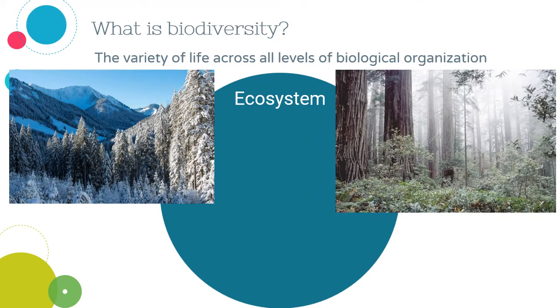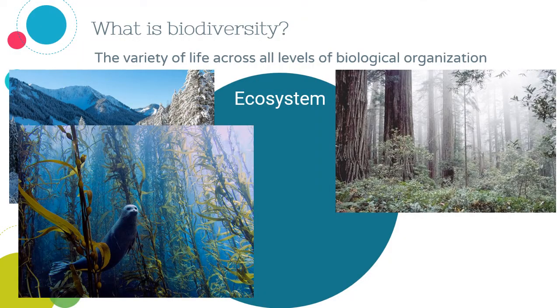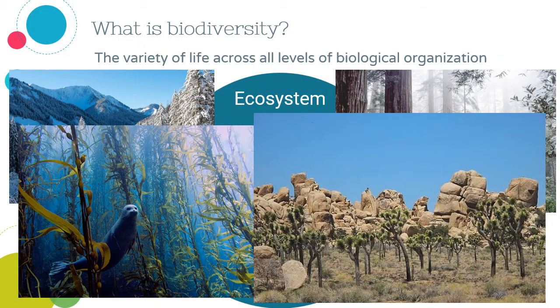They'll be very different from the community of organisms that could survive in our coastal forests, which will be very different from the organisms that could survive in our kelp forests just off the coast. Or if we go down to the southern part of the state, in the Joshua Tree woodlands, where you get extreme fluctuation in temperature, high exposure, and not a lot of places to hide.